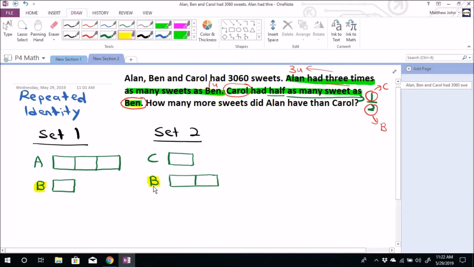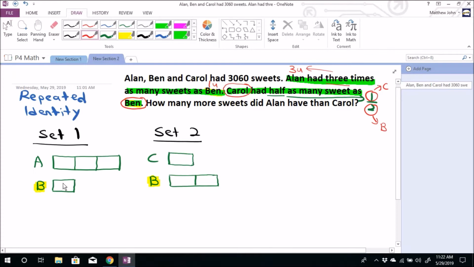Now if you look at these 2 models carefully, the one who's repeated is Ben, right? So meaning that Ben should have the same number of units because it's the same person. Under the set 2 model, Ben has 2 units. Under the set 1 model, Ben has 1 unit. So what can I do?